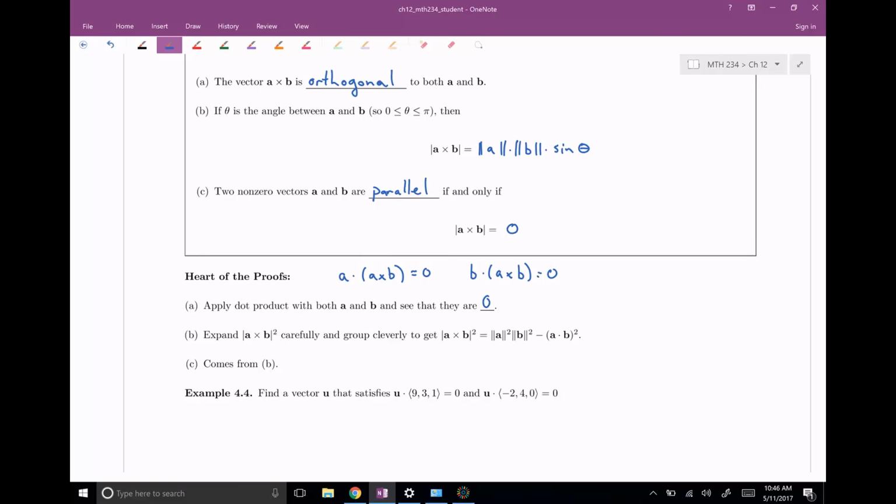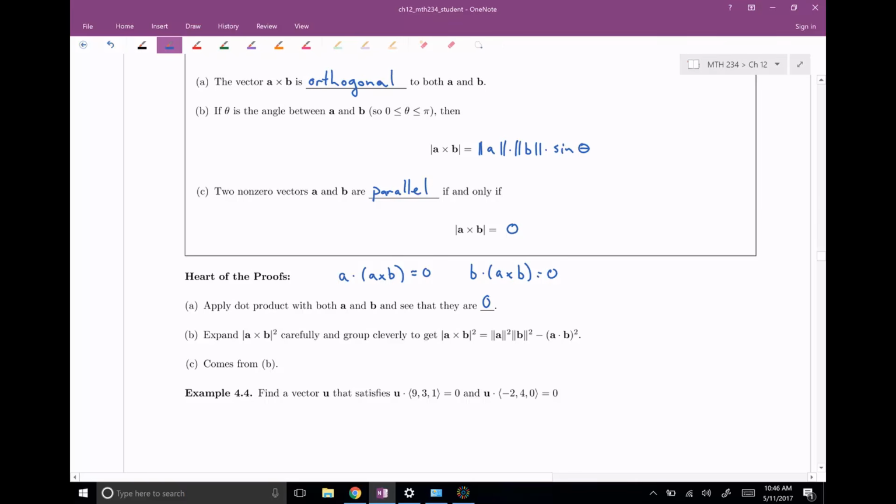And that's where it falls out of. Again, this is just the heart of the proof. I'm not going to go through the full proof, but you can certainly find it online or in the book. And then finally, C comes directly from B. If they're parallel, then the angle between them is either 0 or 180 degrees. If you plug that into sine, you get 0. So that falls out of B.